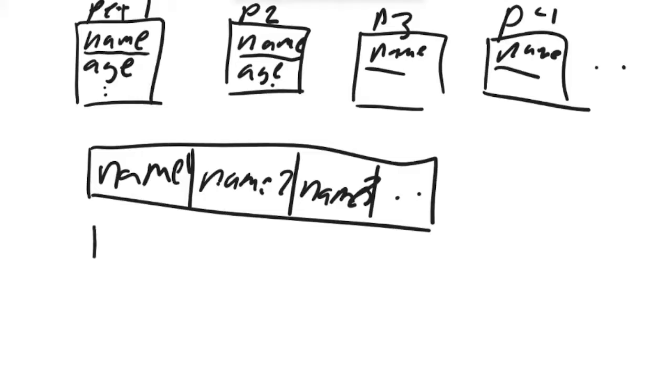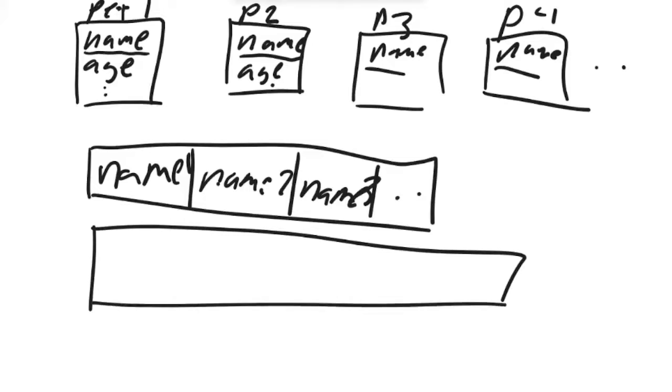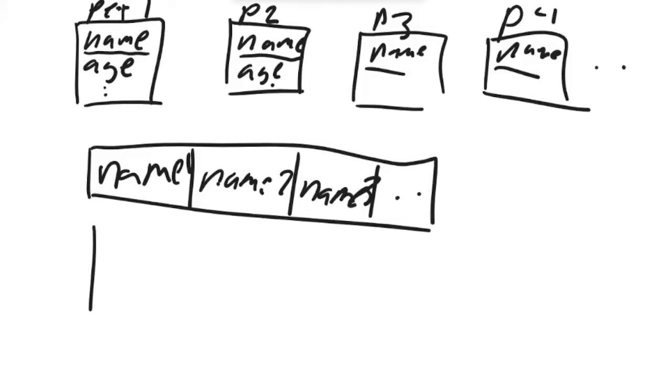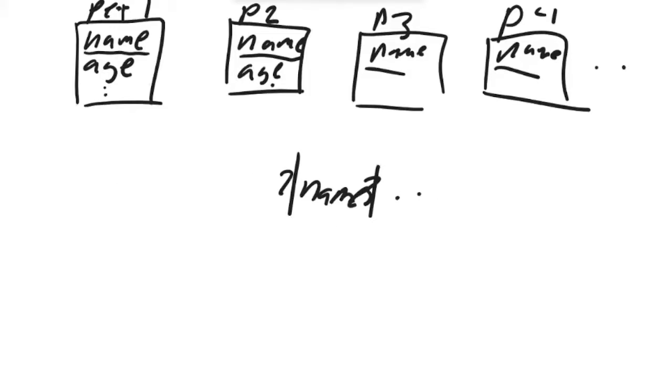And then we have a separate array for ages. Age 1, 2, and so on and so forth. So instead of creating separate arrays, the idea is that you create an object for each pet, and each object will have the same set of variables and attributes for that.